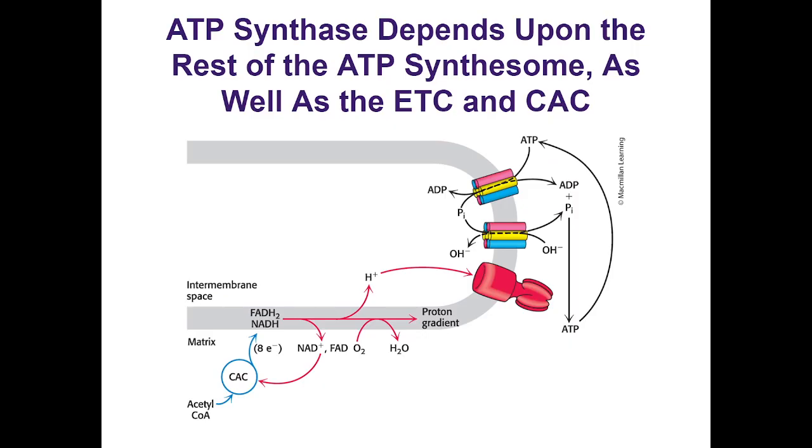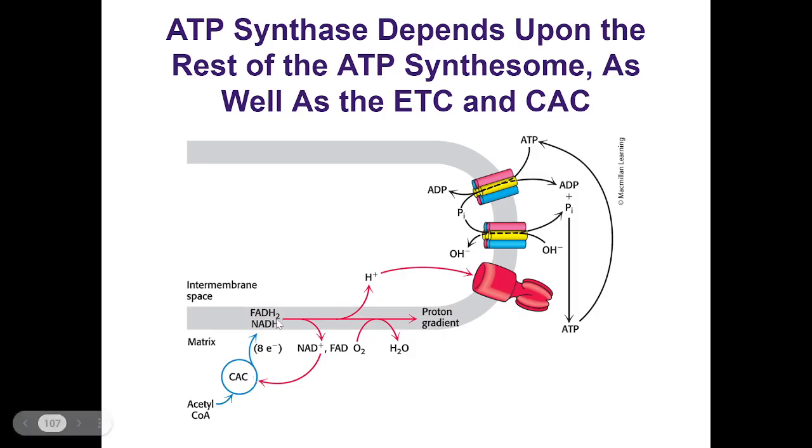And so this right here shows you that ATP synthase. Again, it's going to depend upon the rest of your ATP synthasome, as well as your ETC and CAC. And so right here we again have the matrix, we have the acetyl-CoA feeding in the citric acid cycle, that NAD plus and FAD are going to regulate that cycle.